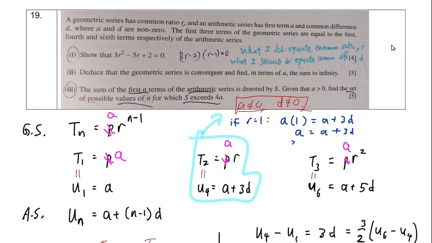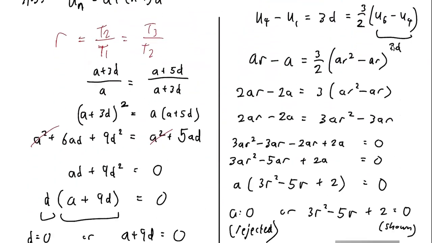Then that means that if I subtract A from both sides, I get 3D equals to 0, which means that if I divide by 3, I get D equals to 0, which contradicts with what was the required condition. D is not equal to 0. Since there's a contradiction, we conclude that when R is equal to 1, we reject it. Reject R equals to 1. Okay, good. So yeah, this is gone.